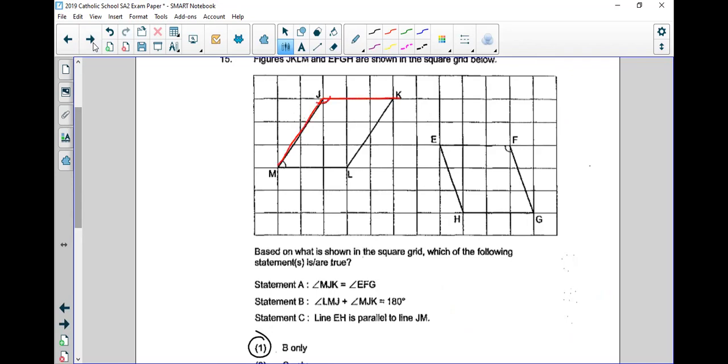This angle is said to be equal to EFG. So do they look equal? They look like equal, but how do you know? Can you prove it? Mr. Ong says it's not equal, even though it looks like they're equal. Now, how do you prove it?